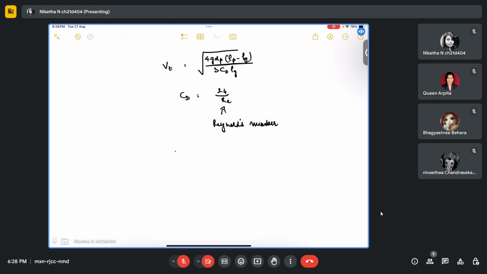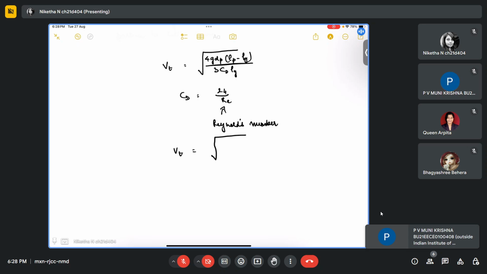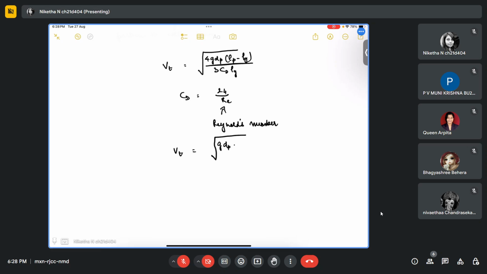So substituting this, Vt will become equal to square root of g into, sorry, there's a square here.